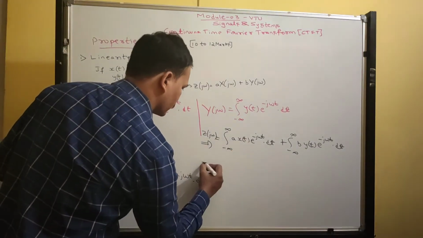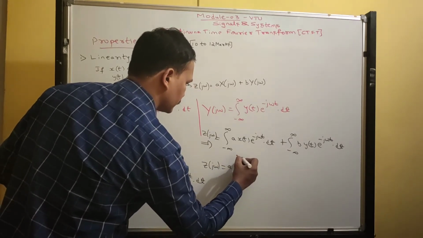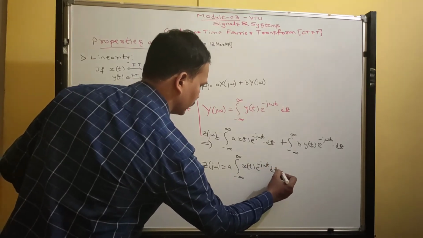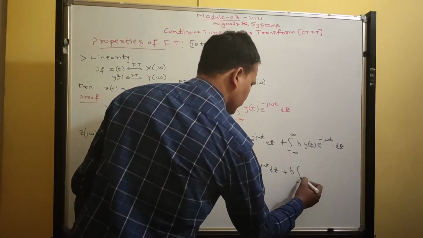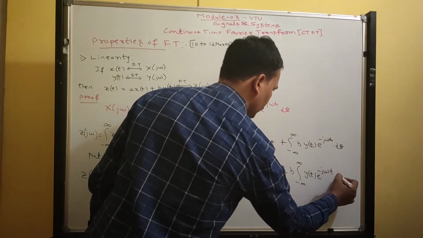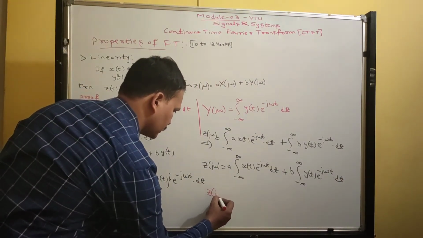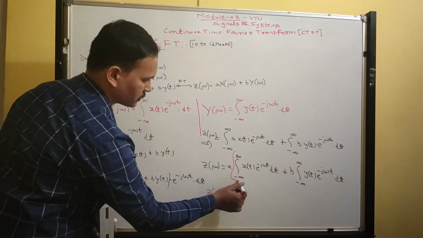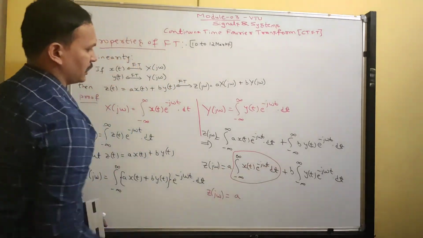Now a is a constant, so take it outside. Therefore z of j omega is a times the integral from minus infinity to infinity of x of t e power minus j omega t dt, plus, since b is a constant, take it outside, b times the integral from minus infinity to infinity of y of t e to the power of minus j omega t dt. So finally, what is the first integral?